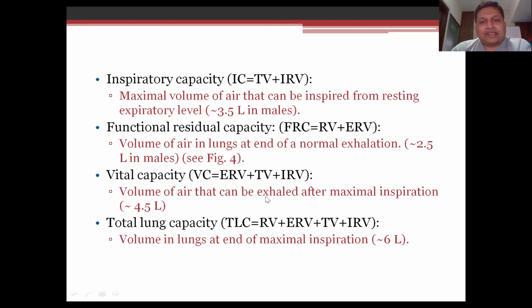What is the vital capacity? It is the volume of air that can be exhaled after maximum inspiration. So it is how much air a lung can hold between maximum inspiration and maximum expiration. And total lung capacity includes all the volumes.